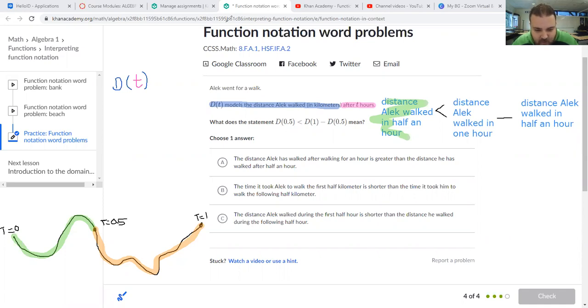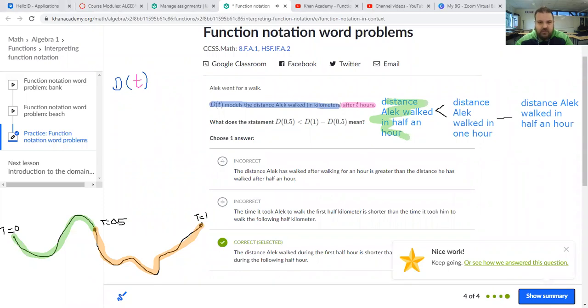The distance Alec walked during the first half hour is shorter than the distance he walked during the following half hour. It is going to be C, because we're mostly talking about the first half hour versus the second half hour. Option B is talking about half kilometers, so that's just wrong. It is going to be C. All right. Let me know if you need help.